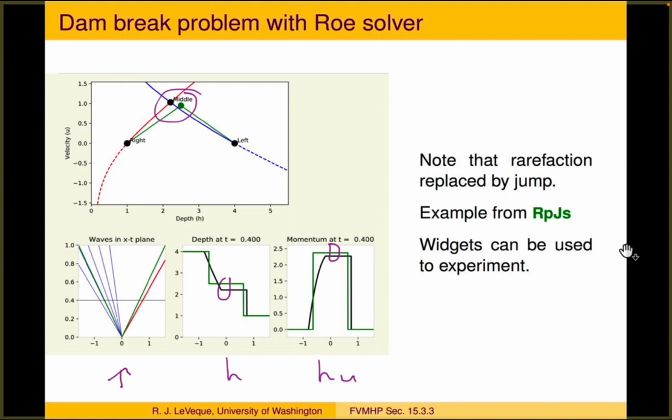So over here in the xt plane, we see the blue lines are the rarefaction wave. The green ray is simply the propagation of the discontinuity. And in these pictures, we see again, there's a discontinuity instead of a rarefaction wave in the left-going wave in each case.